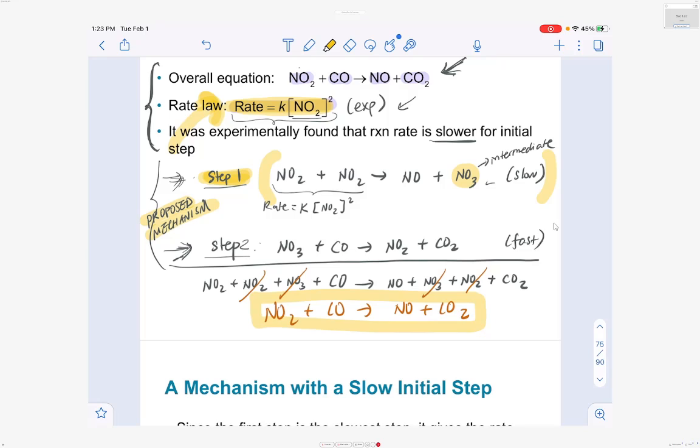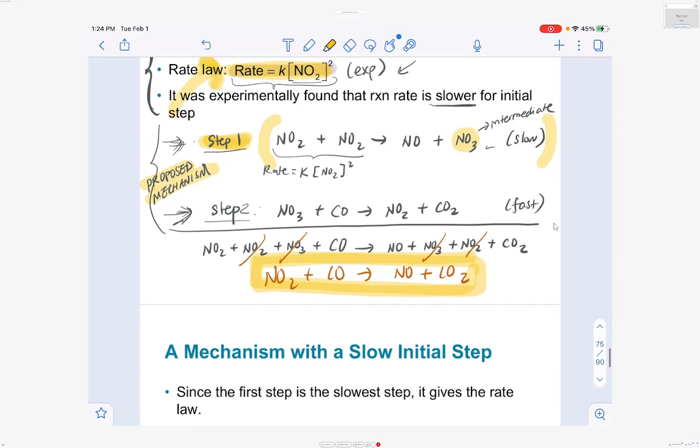Did that clarify? Yes, thank you so much. Okay. All right. So I added the reactant side and product side, and I see that the resulting equation agrees with the overall equation up here.